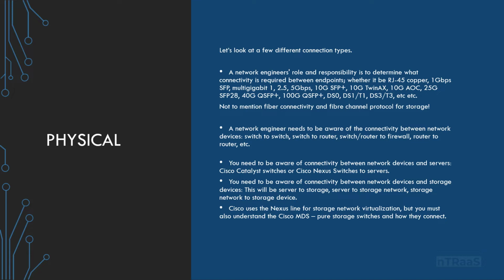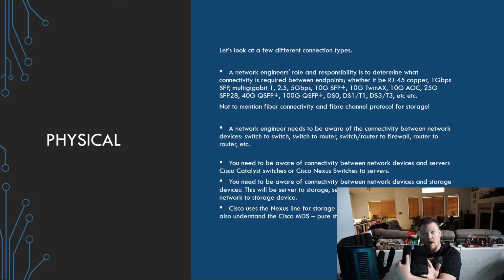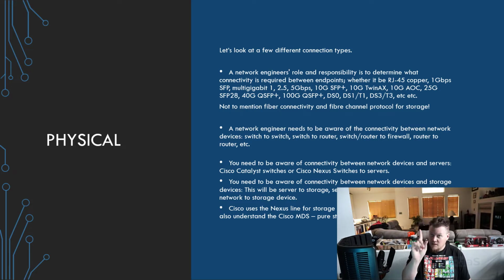I have a VoIP phone sitting here that uses RJ45. But originally, it was an RJ11 that connected into the wall and connected back to whichever service provider you had. That is a DS0, accounts for a single voice call.